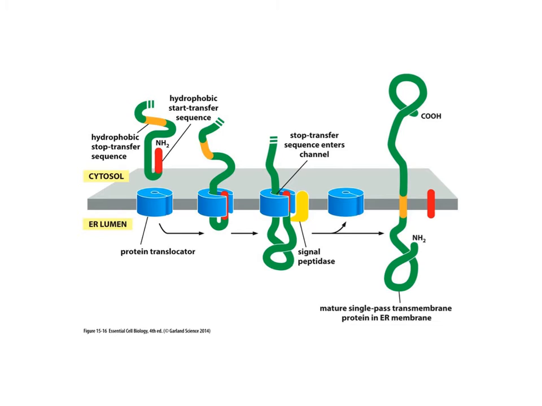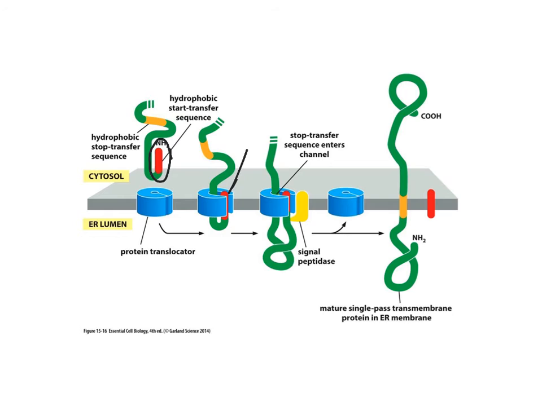Besides the signal sequence, the red sequence at the beginning of the protein, which is a start transfer sequence, it tells the translocator to open up when it binds and start transferring the newly synthesized protein through the translocator.